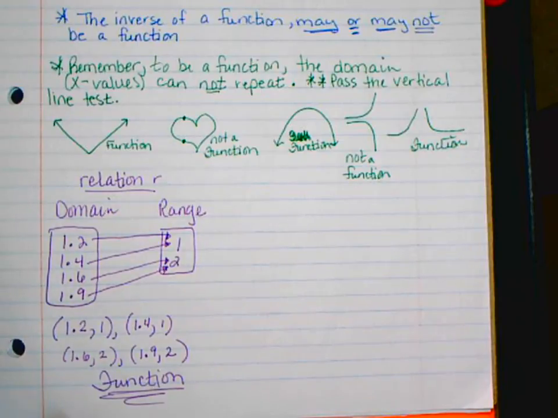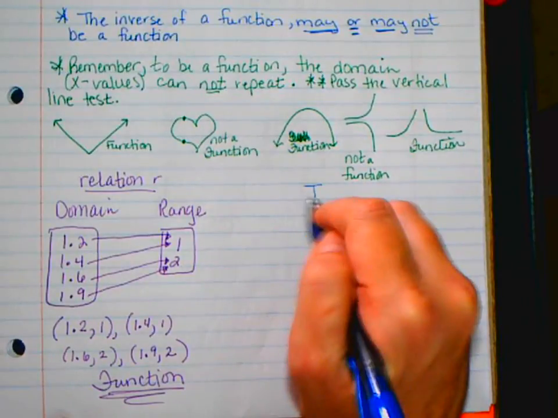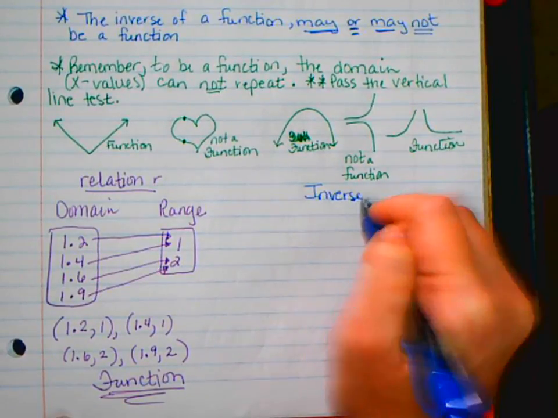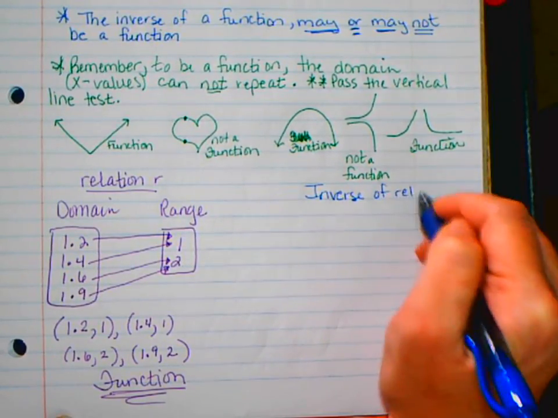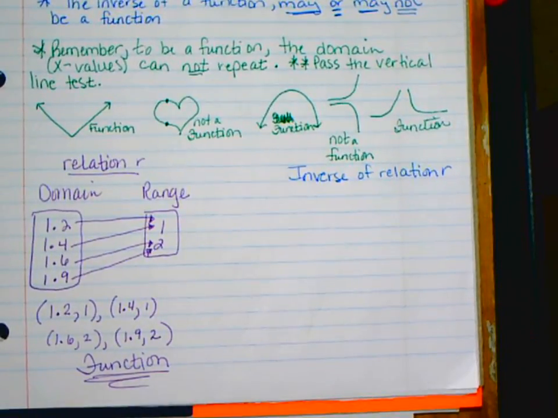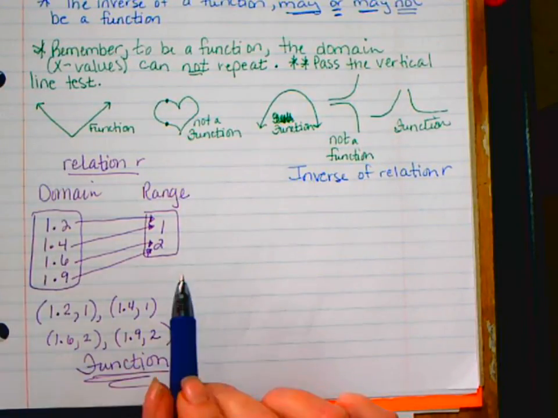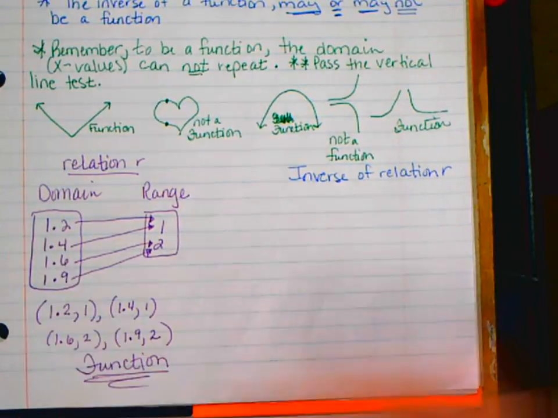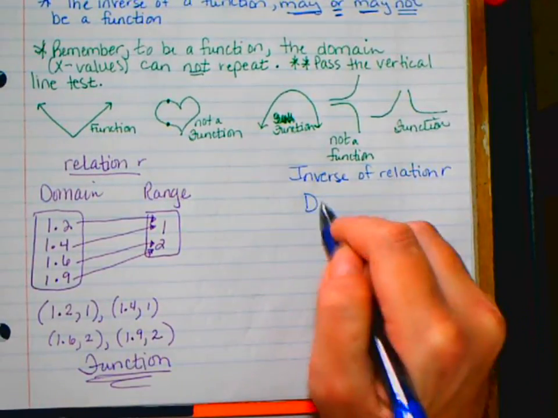Okay, if I said, all right, well, I want you to give me the inverse of relation R. Inverse just means that now my domain will become my range, and my range will become my domain. I'm not going to change the heading though.